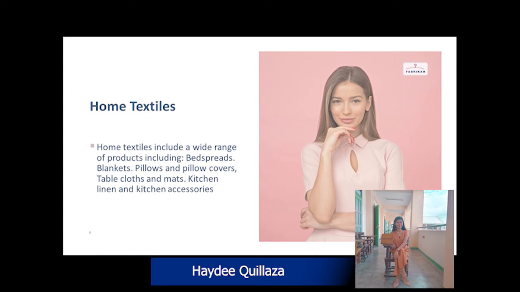Home textile can be defined as the textiles used for home furnishing. It consists of a various range of functional as well as decorative products used mainly for decorating our houses. The fabrics used for home textiles consist of both natural and man-made fibers. Sometimes we also blend these fibers to make the fabric stronger.